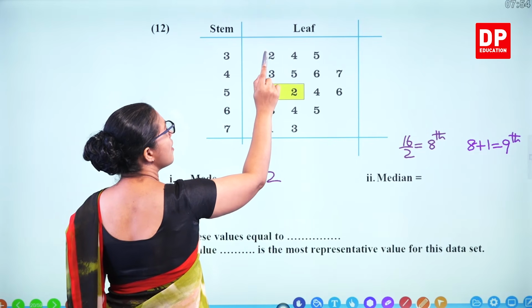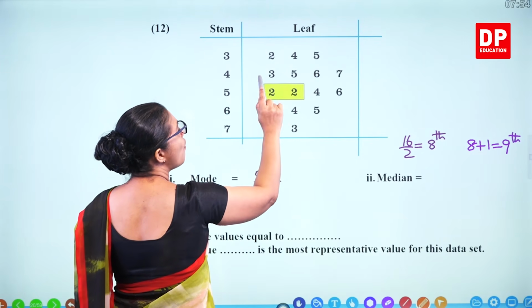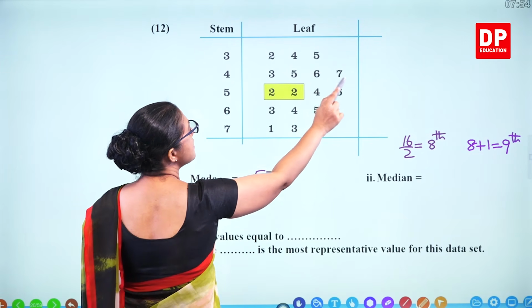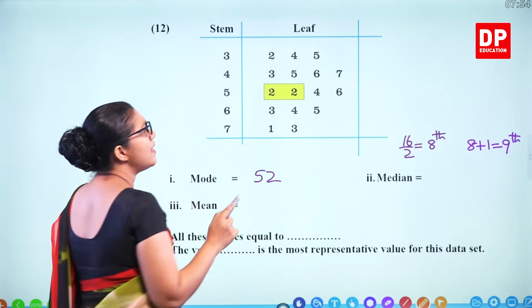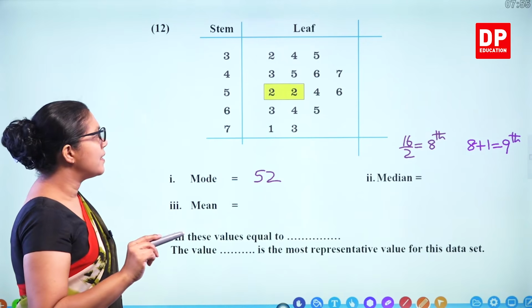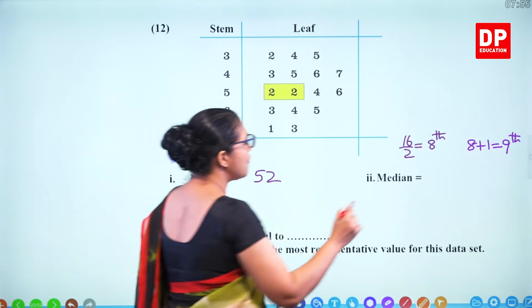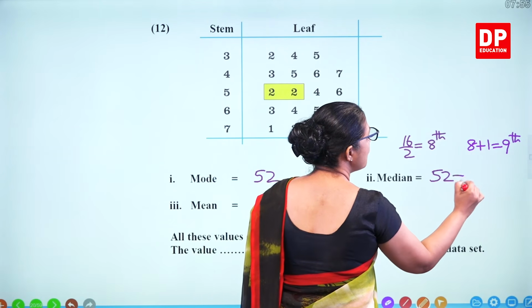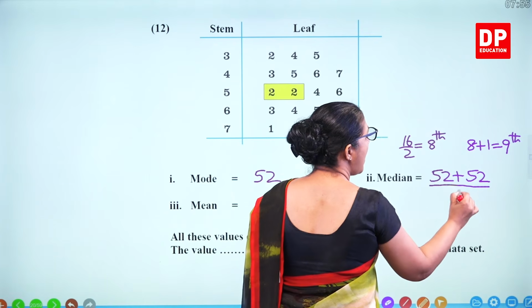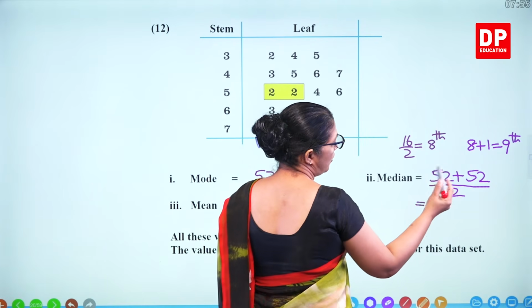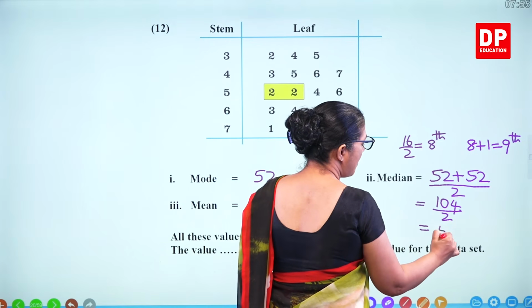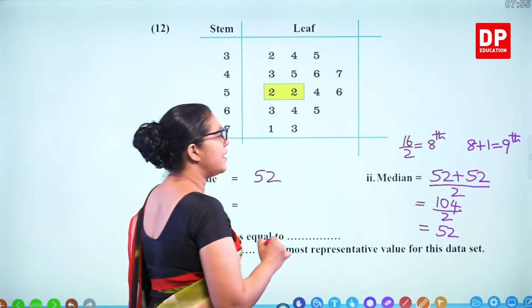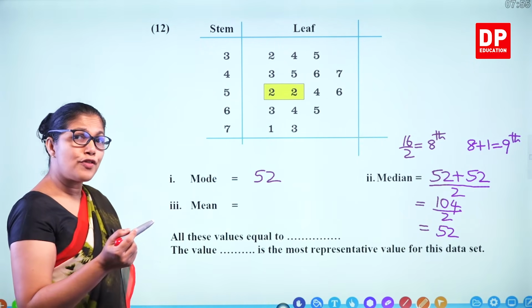This is the first one. 1, 2, 3, 4, 5, 6, 7, 8, 9. So these two are the two middle numbers. So what are the two numbers? 52 and 52. Take the sum and divide by 2. So you get 52 as the median value.